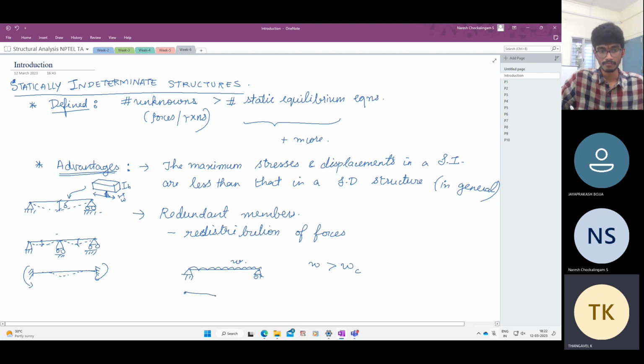Immediately, it forms what is called a plastic hinge. So we know if it is a statically determinate beam, we know the maximum bending moment is something like this. Assume it's a steel beam. So here you have the maximum bending moment, which is WL squared by 8.